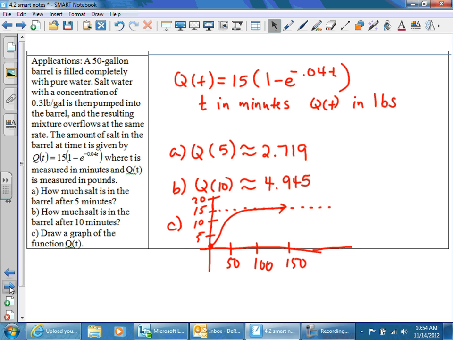All right, so I've got Q of 5 to be 2.719, Q of 10 to be about 4.945, and as I keep going into some big numbers, I'm going to see that my carrying capacity, the most I could get here, is going to be 15. And this is in pounds.